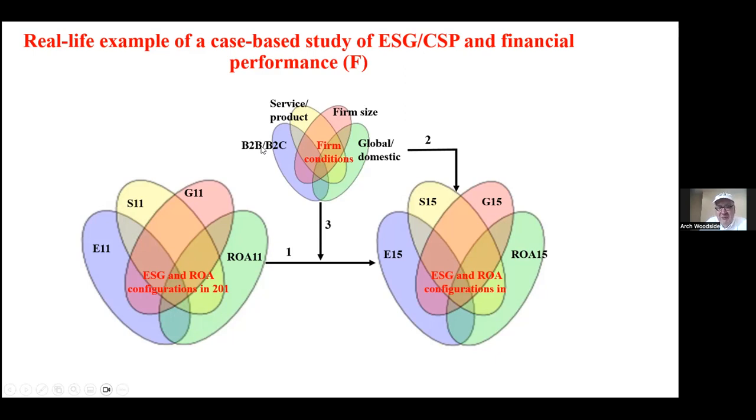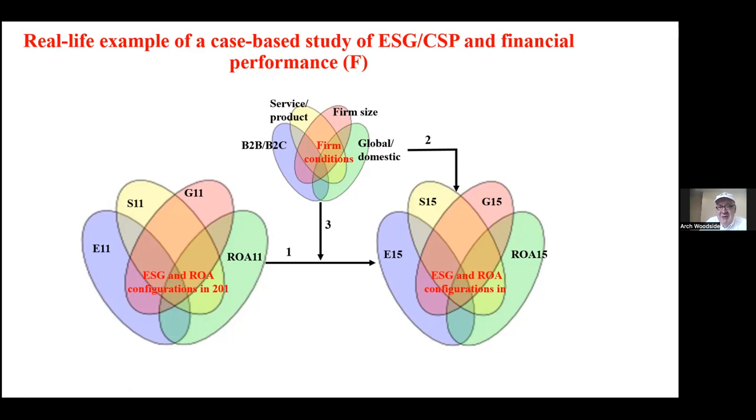So if you have those three possible conditions: B2B, business to business, or business to consumer, or both; and you have service or a product or both, so that would be three there; and firm size, small, medium, large; and global versus domestic orientation, or the possibility of all three, global and domestic.